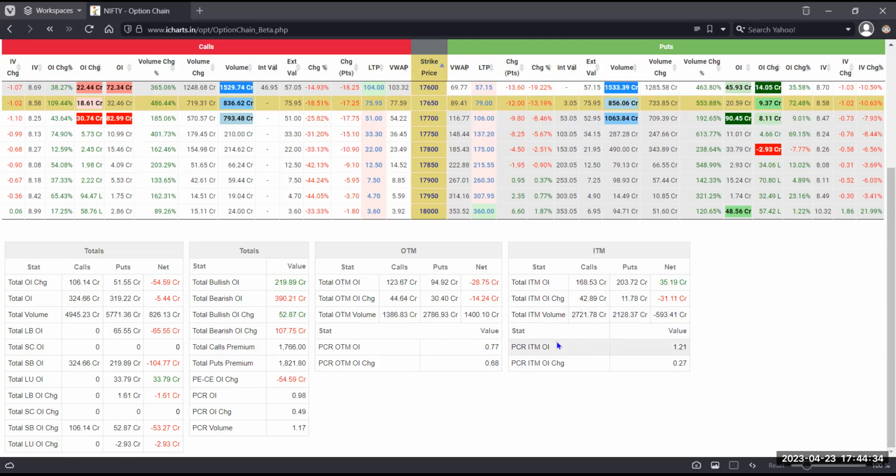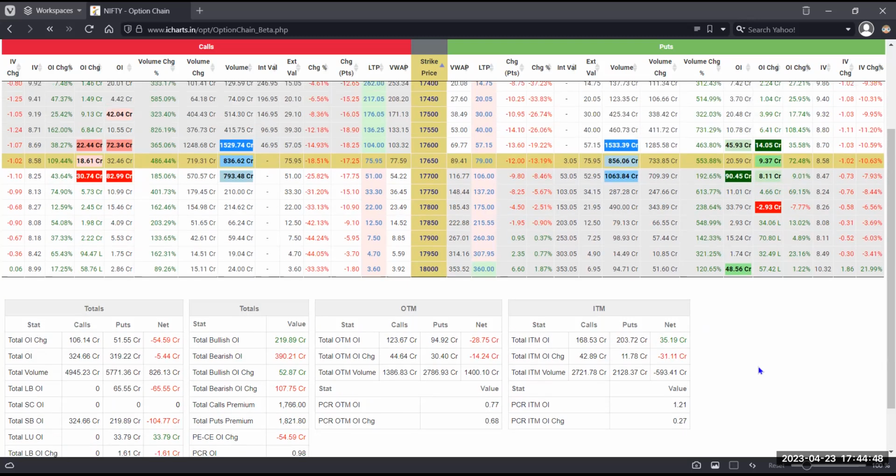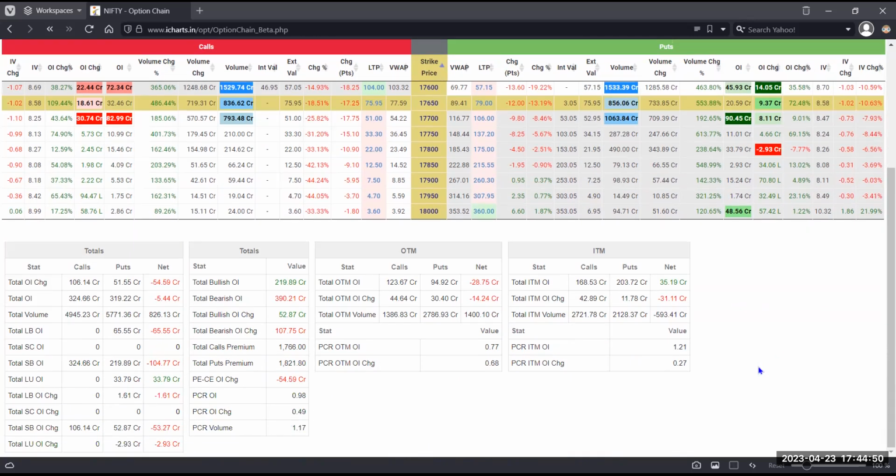Yes, sir. Actually, one more thing, sir. Wherever we have the summary section, this is too much data. That is good, but we could show the previous data compared with the current data. Suppose in the below section the ITM column has 35.19 crore as of now, but after 4:30 minutes, at the next update, it became 35 crore.